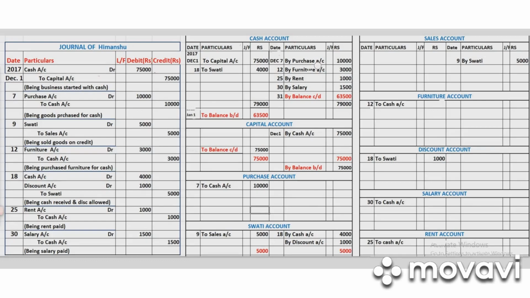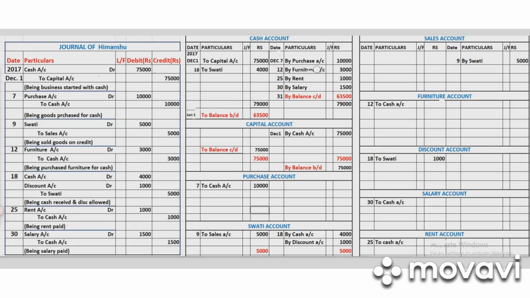And if we do the totaling, transferring, and balancing without a mistake, if it is arithmetically accurate, we should get the total of debit and total of credit equal.